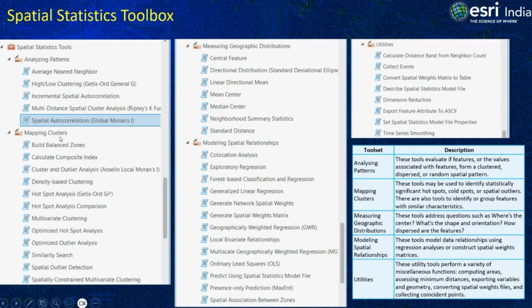If you are interested in measuring geographic distributions, where is the center, what is the orientation of my data sets, how dispersed are my features, then you can use measuring geographic distributions. Similarly, for predictions, you can use tools under modeling spatial relationships. We also have utility tools, which are miscellaneous tools that can help you with your statistical analysis.